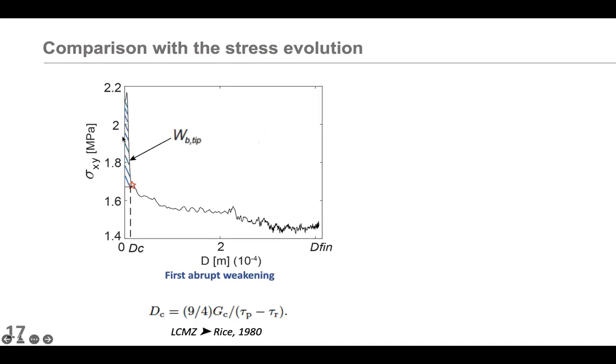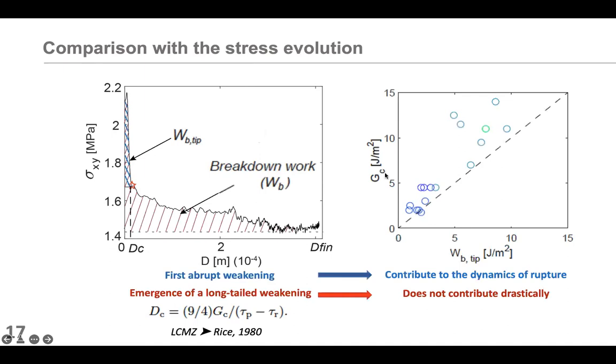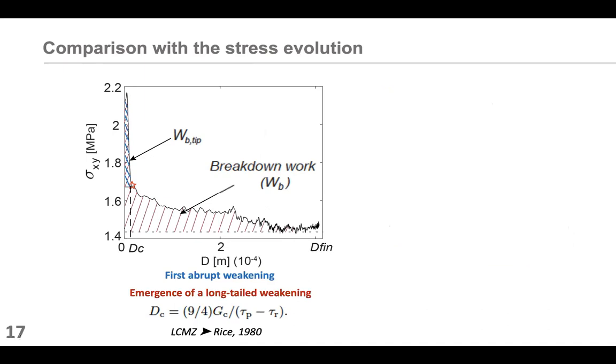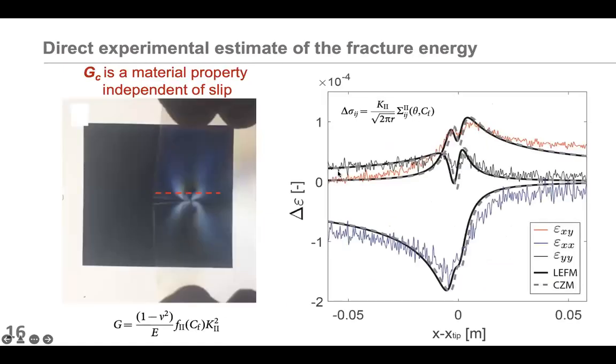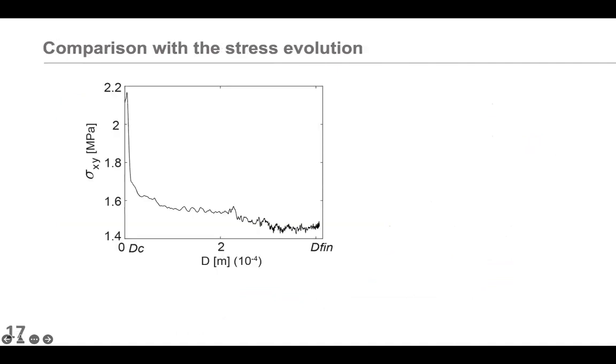If we compare the integral of the curves up to this critical slip distance, which we call the near-tip breakdown work, we see that the near-tip breakdown work, the blue integral, corresponds to the value of the fracture energy that we estimated at the rupture tip using the stress intensity factor. So that corresponds to the energy release rate at the rupture tip.